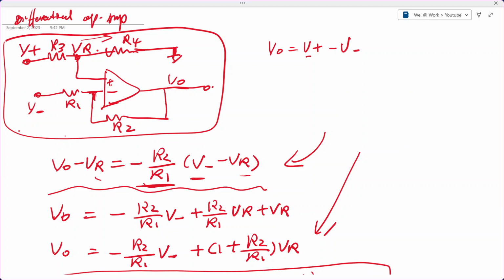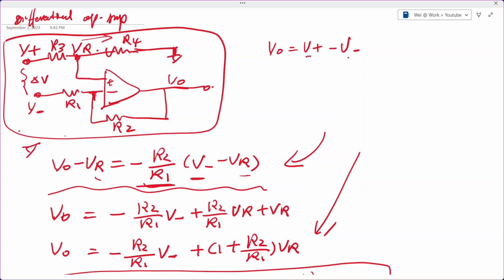V plus minus V minus is the difference voltage between these two inputs, delta V. So V out equals the difference between these two inputs, and there's no common mode voltage. You only see the difference voltage.